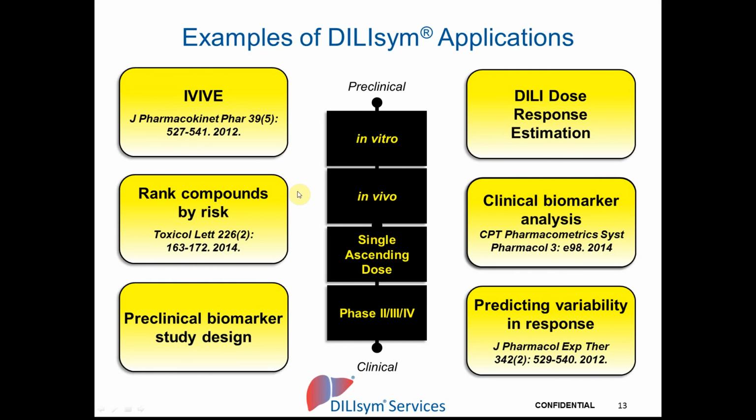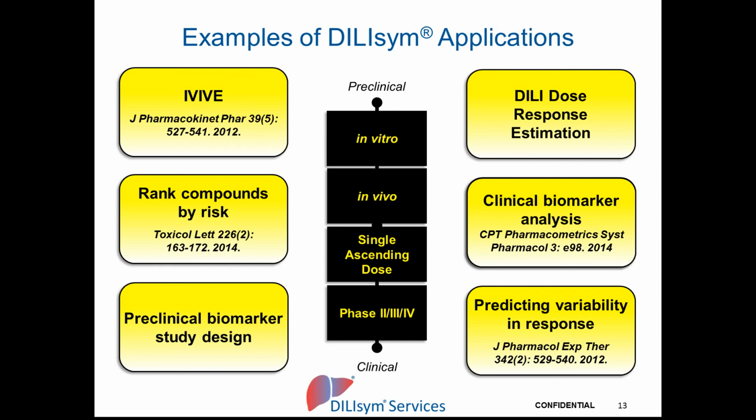We've published a number of papers with DILIsym describing not only how it's put together, but also various applications, some of which are described here, such as in vitro to in vivo extrapolation. We've been able to rank compounds by risk.